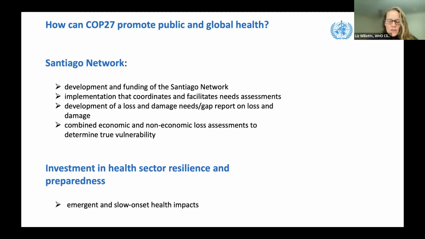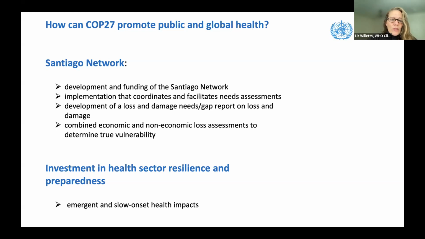One of the functions of the network in the near term is to develop a needs and gap report on loss and damage specifically. This is going beyond adaptation plans or health national adaptation plans. It's developing a needs and gap report specifically for things that cannot be addressed through adaptation. And this is important. There are various ways this could be approached.